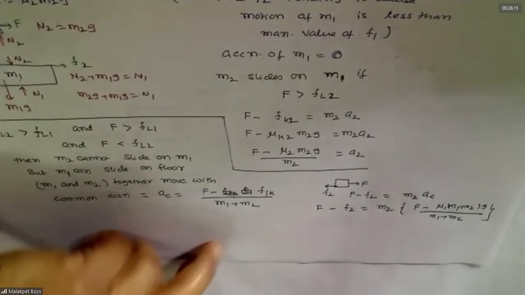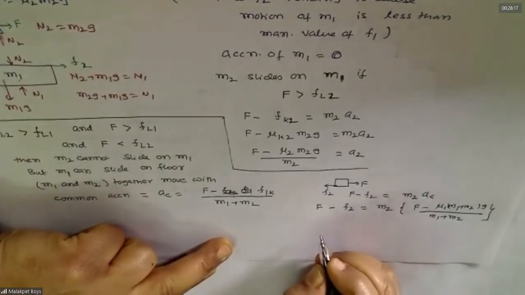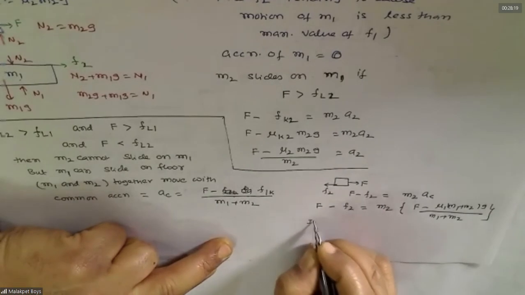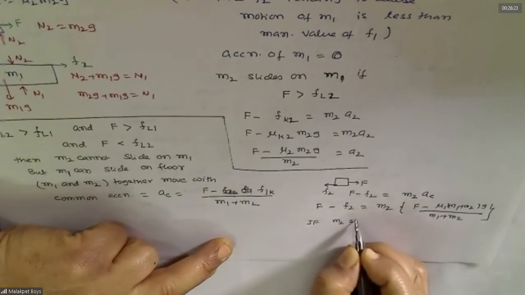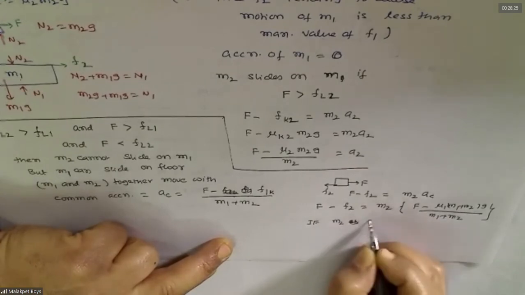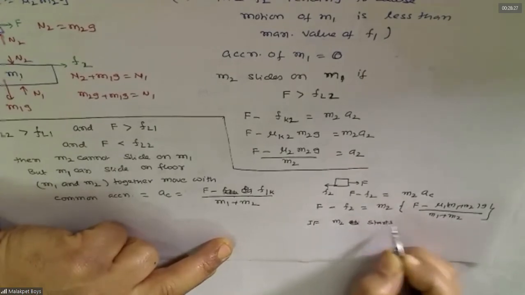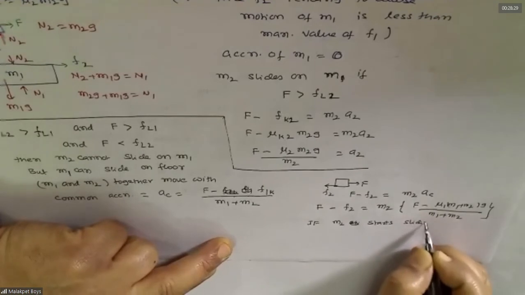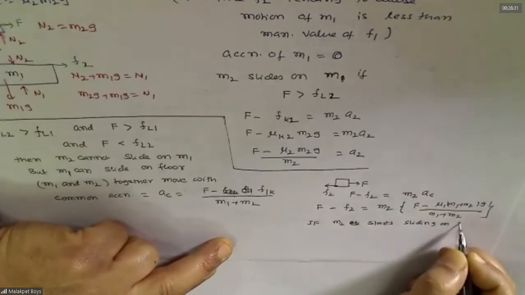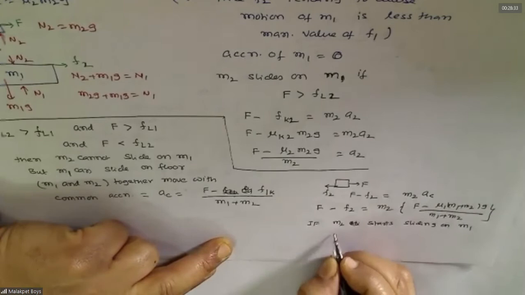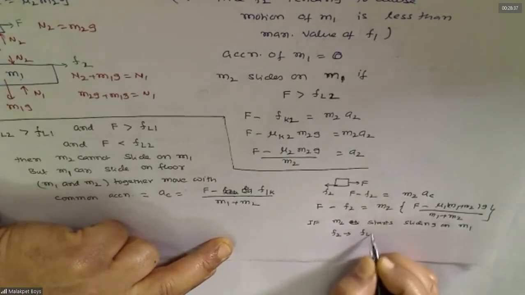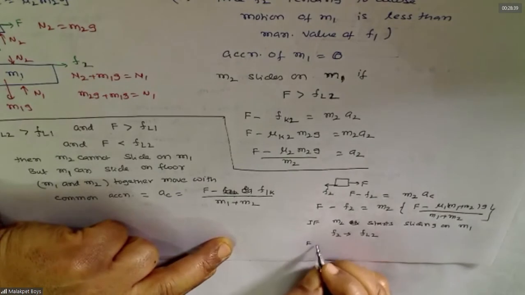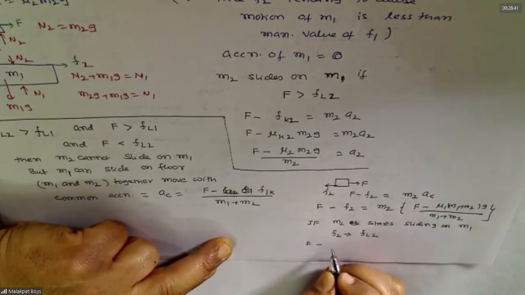Now you can see that if M2 starts sliding on M1, then what you should take? Do you agree with this or not?